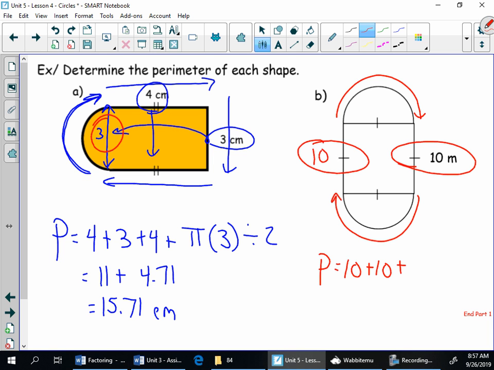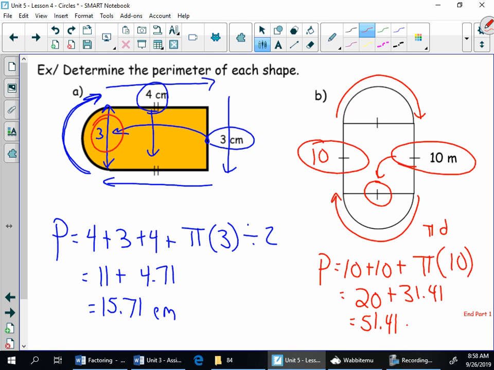A whole circle can be pi times d. Do I know the diameter? Yeah, I do. These little dashes are all 10s. So pi times d, my diameter must be 10. So I'll get 20 plus 31.41 comes out to 51.41 meters.